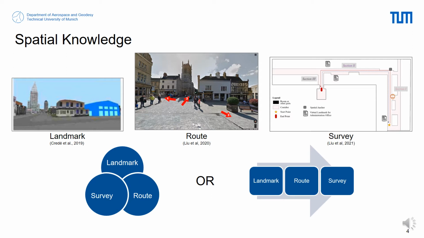There are still discussions about how these three knowledges are developed, whether they are developed at the same time or one by one in an order. This landmark, route, and survey knowledge framework is widely accepted and used in spatial learning research.